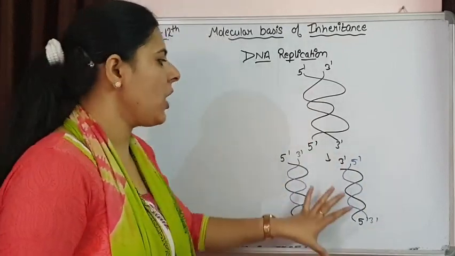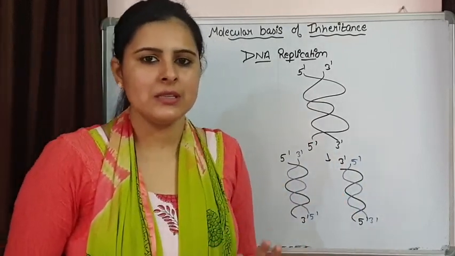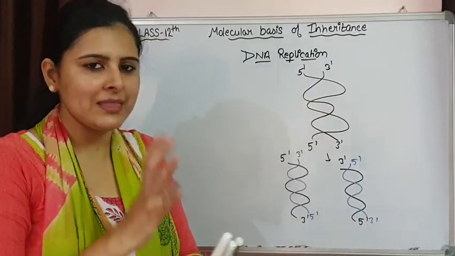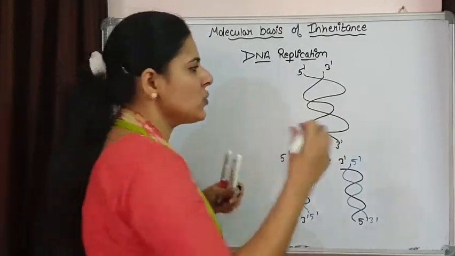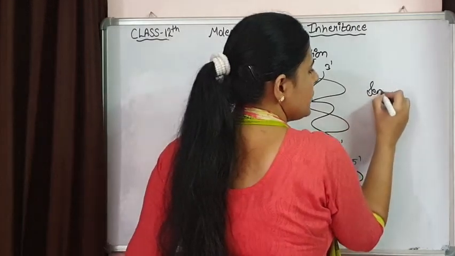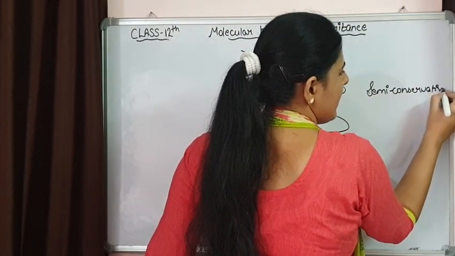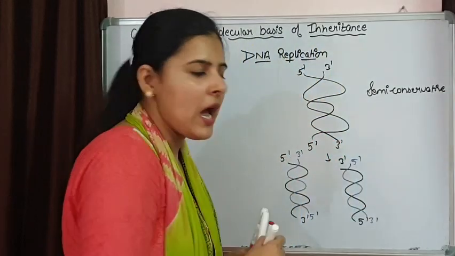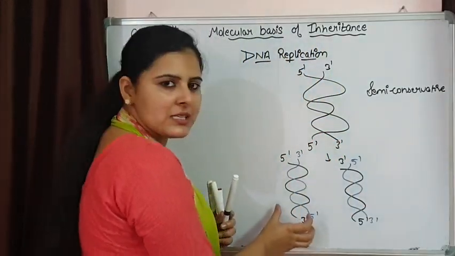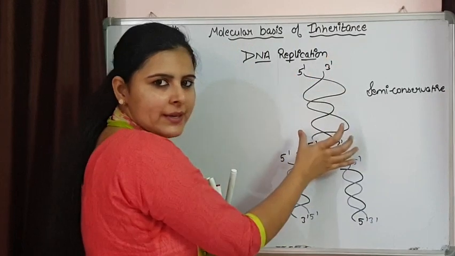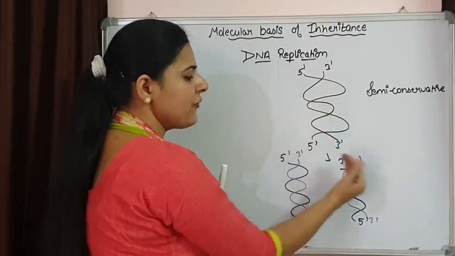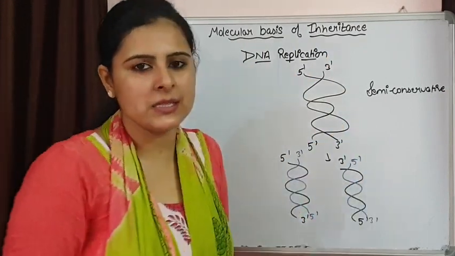This is how DNA replication takes place, and this method is known as the semi-conservative method. Semi-conservative means half portion is conserved, still the same parental type, and only half has been newly synthesized.